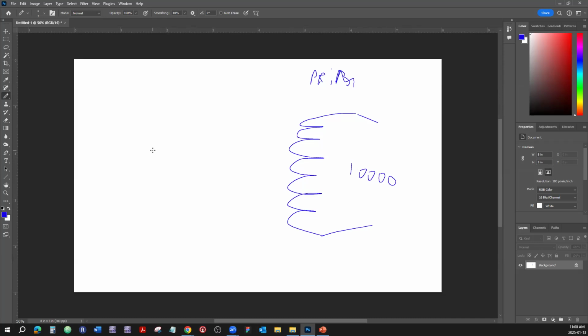And if you have another one that has only half of that, let's say this one has 5,000 windings, so the ratio is 2 to 1. Okay. So the voltage, if you have the AC, it has to be AC. It doesn't work on DC. It works on AC.